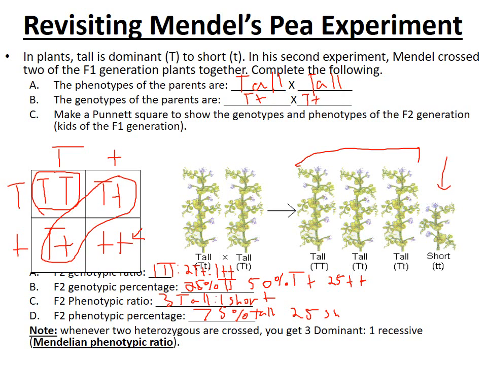And you can see the 75% tall come from the genotypes with the dominant alleles in them. You could also write down the phenotypic ratio as 3 big T with a space there to show that it could be little t or big T in there. And then 1 little t. I know it looks like genotypes again, but it represents the dominant phenotype for the recessive phenotype. And that's our Mendelian phenotypic ratio.